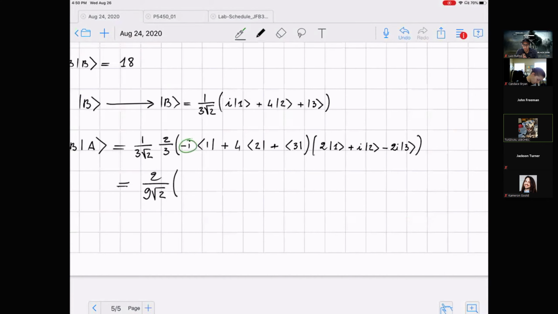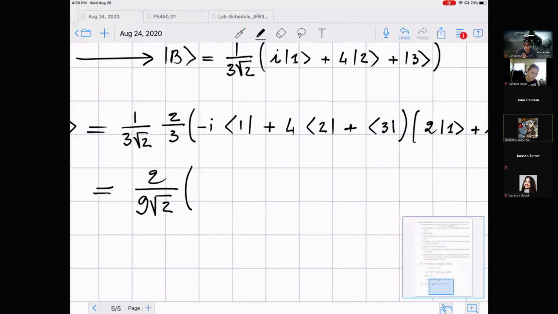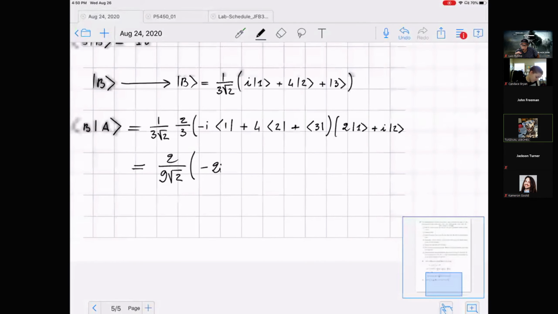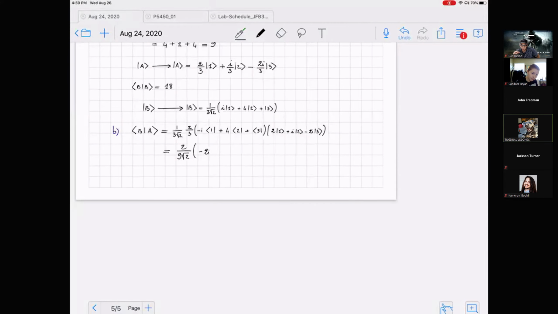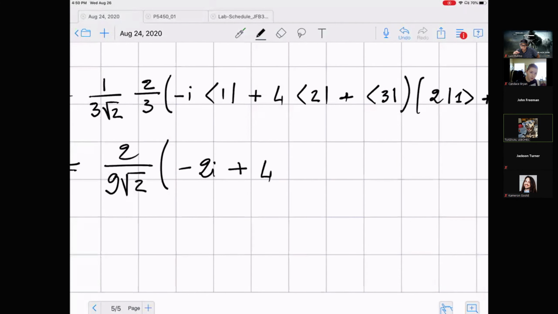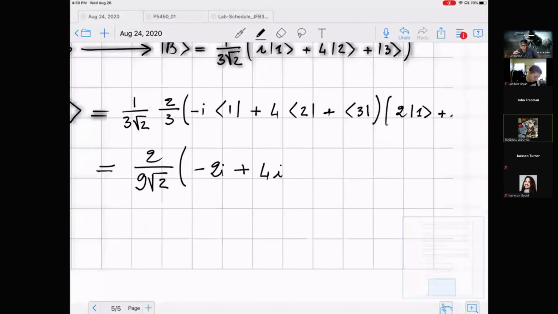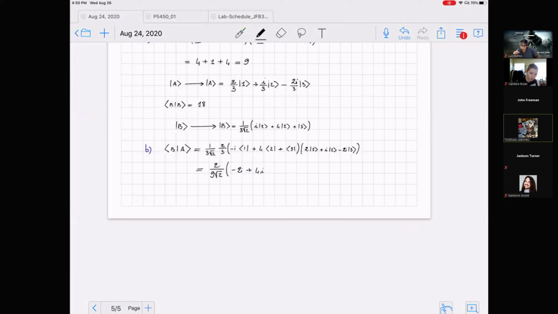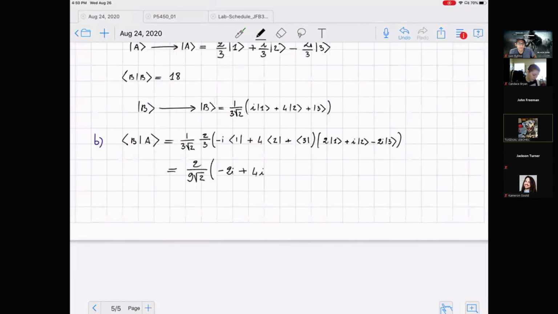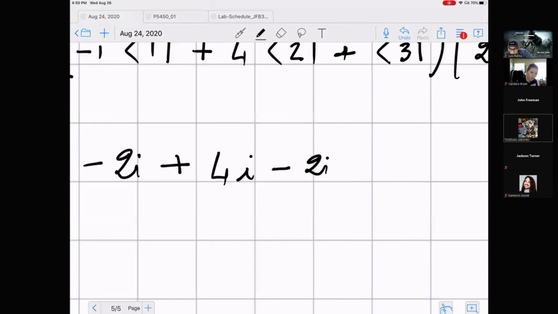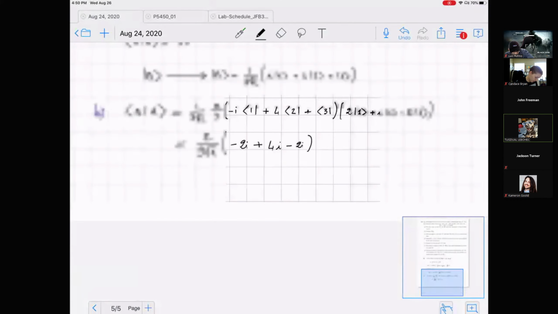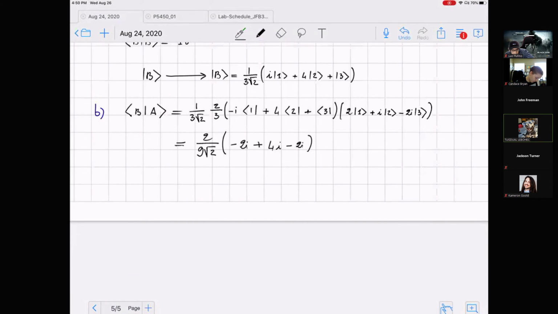And we have, okay, minus i times 2, that's minus 2i. We have 4 times i, that's plus 4i. And we have 1 times minus 2i, that's going to be minus 2i. Right, so that's the complex number. So minus 2 plus 4 minus 2 is equal to 0.